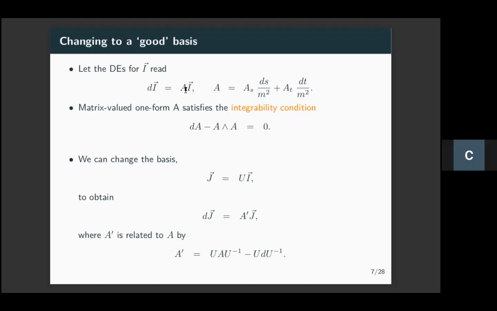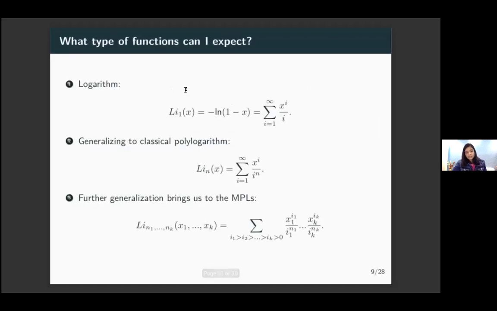No, you can ask as many questions as you like. So I am now interested in asking what kind of functions I can use to write these master integrals at each order of epsilon. The very simple object which we all know is a logarithm, which is given like this.